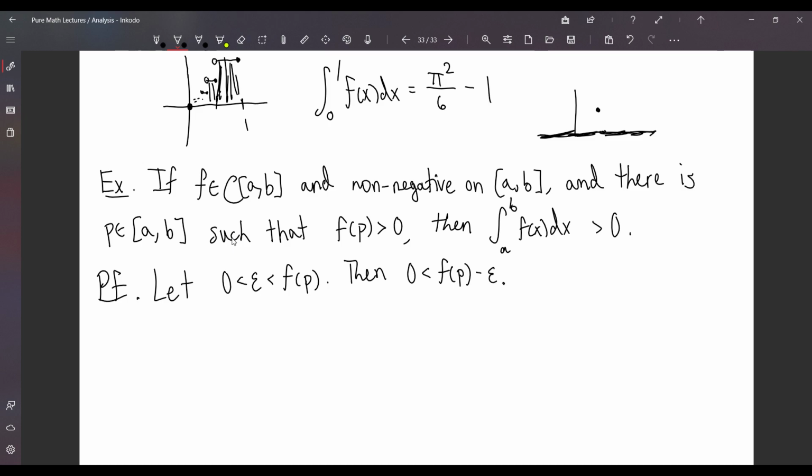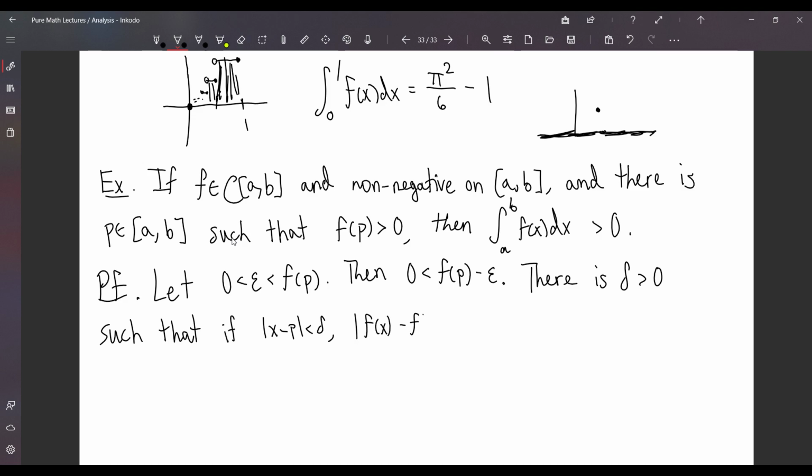Now, by the definition of continuity, there is a delta greater than 0 such that if |x minus p| is less than delta, then |f of x minus f of p| is less than epsilon.